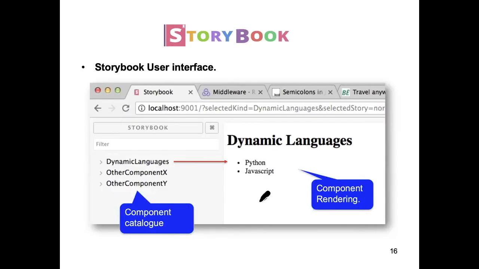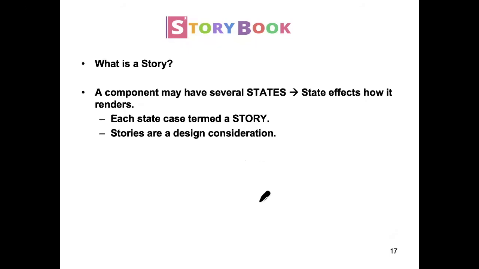You might wonder where does this term storybook come from, or how they came up with the name storybook. What a story is actually comes from the user requirements analysis space, which you may or may not have covered. But the idea is that a component may have several states.